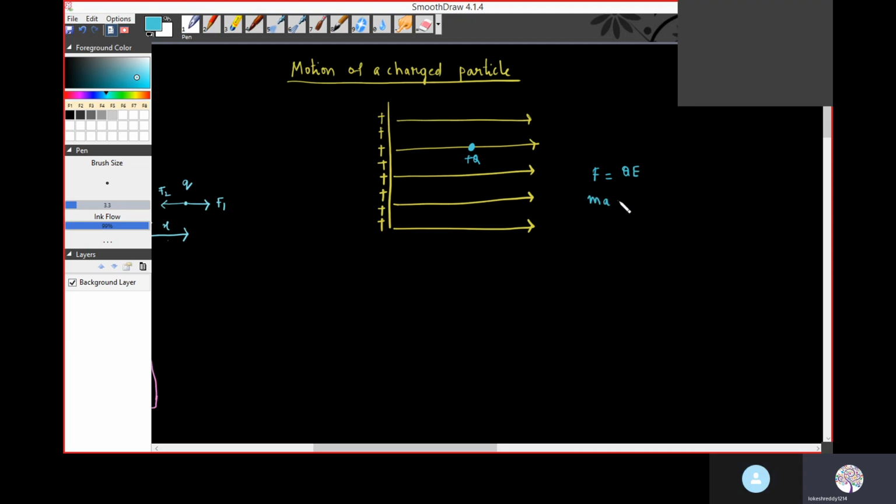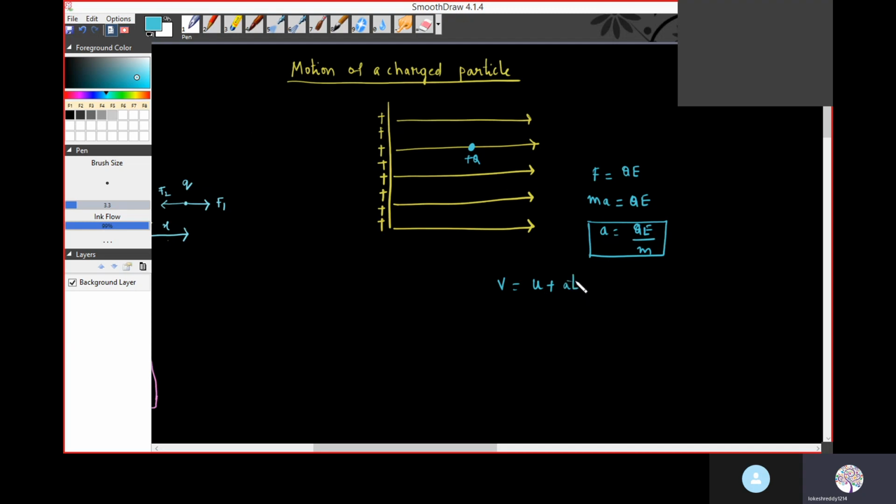So force is equal to mass times acceleration, that is equal to qE. Then acceleration is equal to qE by m. So after a time t, what is its velocity? Velocity is equal to u plus at, because acceleration is constant as the field is constant.